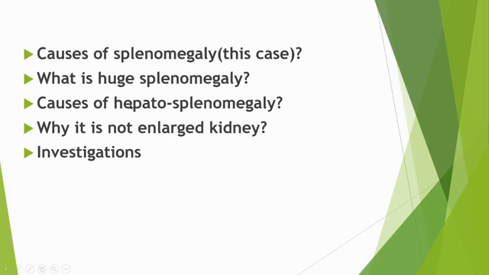Why is it not an enlarged left kidney? You will differentiate it from the kidney. Insinuation of fingers between the mass and the costal margin is not possible in splenomegaly, but insinuation is possible in kidney. It moves with respiration downwards. There is slight movement also in the kidney, but not as much.